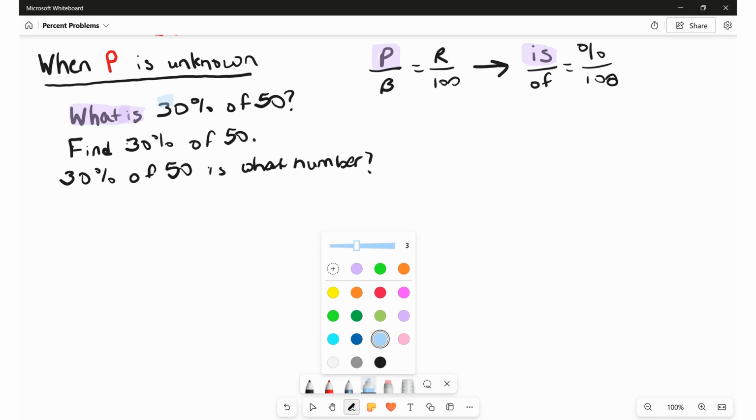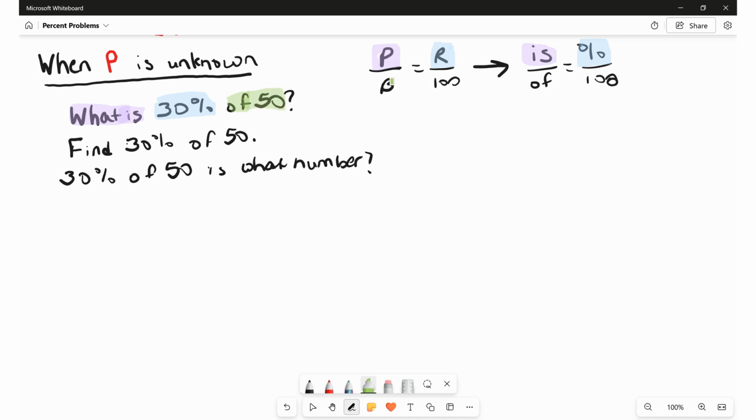And here we have the percent number or the percent rate. Okay. So that's always going to go in the rate spot, no matter how we're looking at this. And then we have the word of, and the number closest to that is 50.